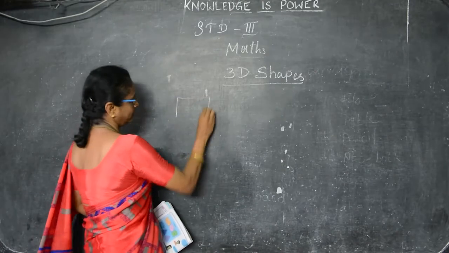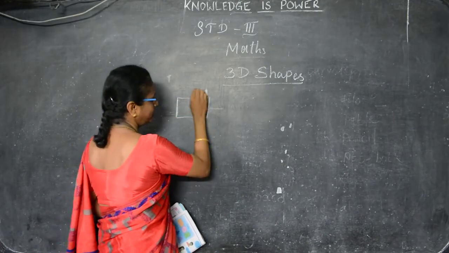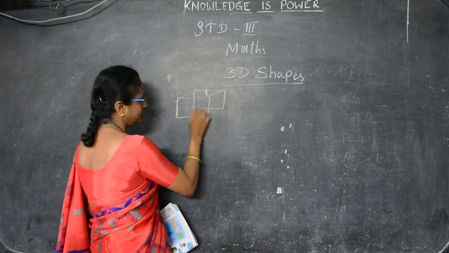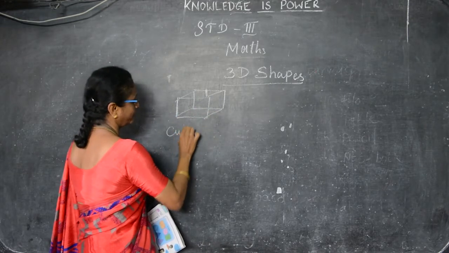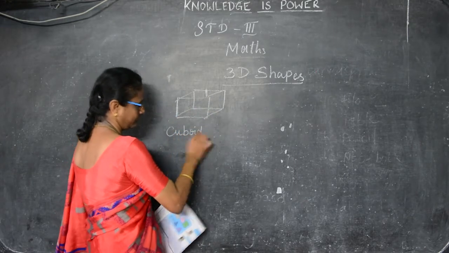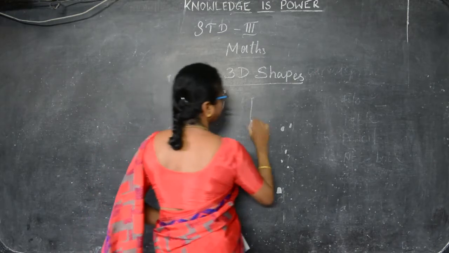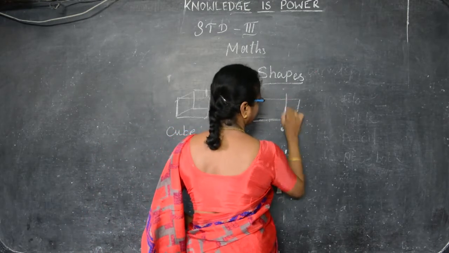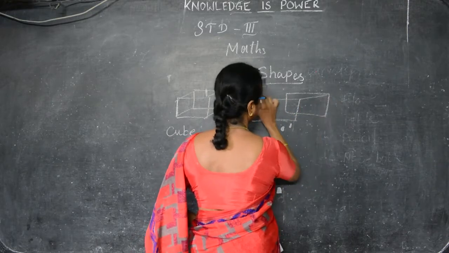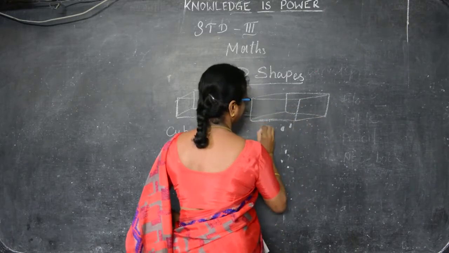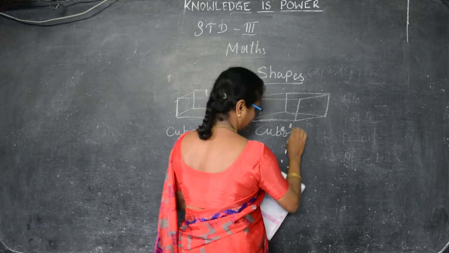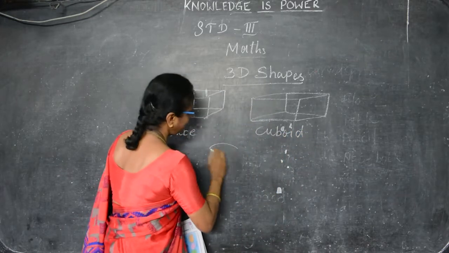Now cuboid. Already I have taught you how to draw this one. Cube. This is cuboid. And cylinder.